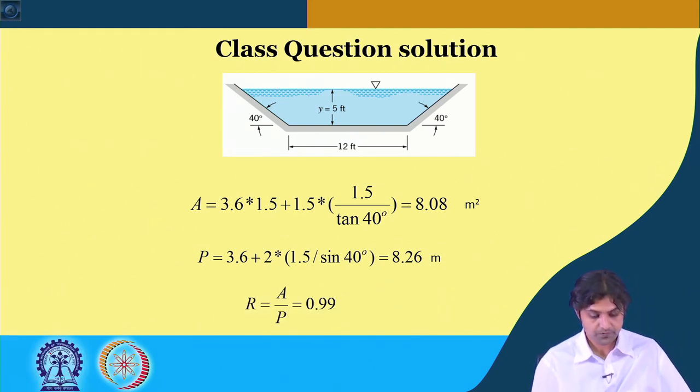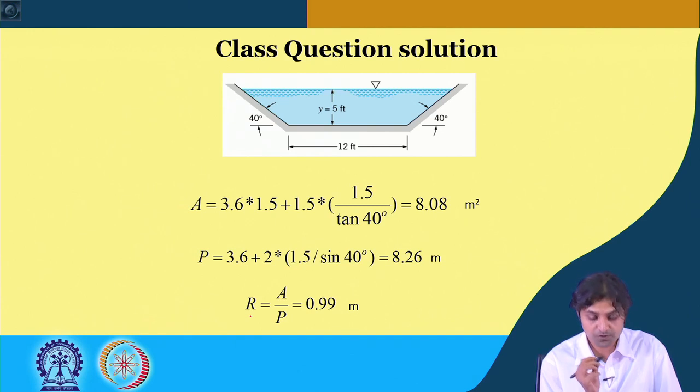So, R is coming out to be 0.99 meters. Because it is the radius, it is the dimension of length, so it is in meters.